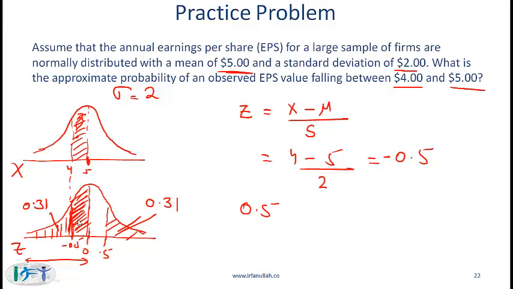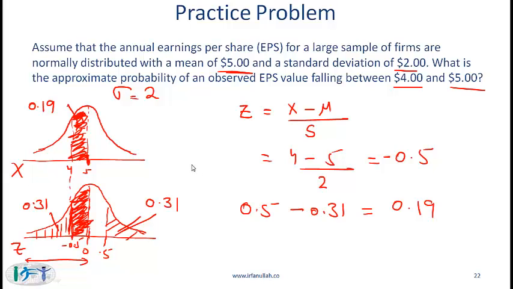And the area that we are after, which is right here, is equal to 0.5 minus 0.31, which is equal to 0.19. That 0.19 is the same as this area over here. So the probability that the EPS will be between 4 and 5 is equal to 0.19.